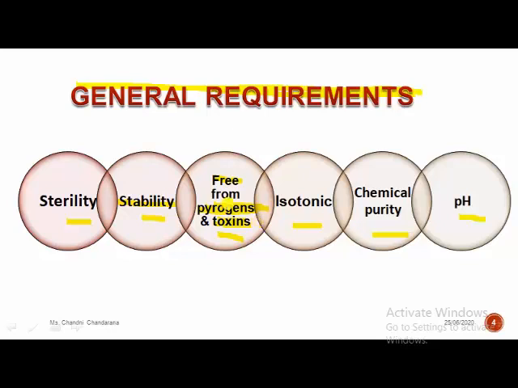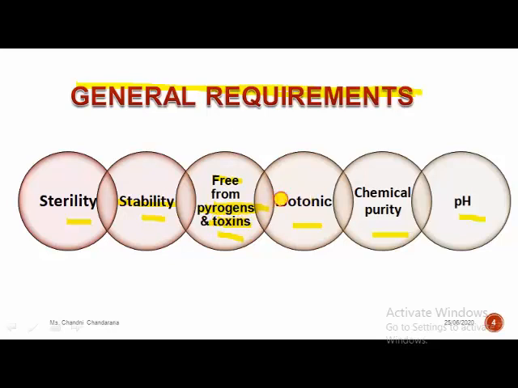If we get chills and fever, then we can say that somewhere there is a proliferation of bacteria. So it should be free from pyrogen. It's a very important requirement, and it should be free from toxins.